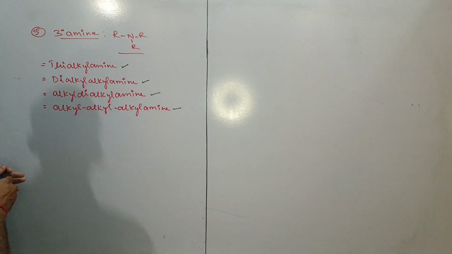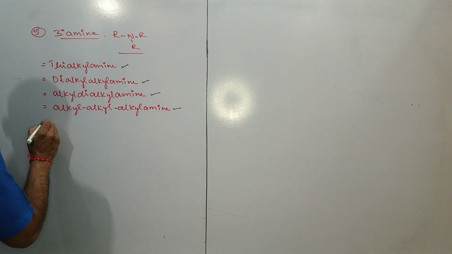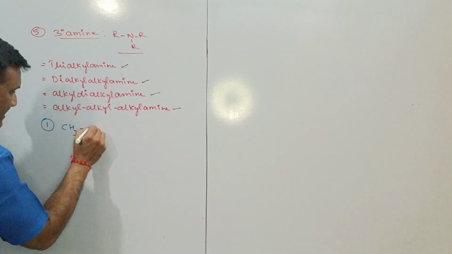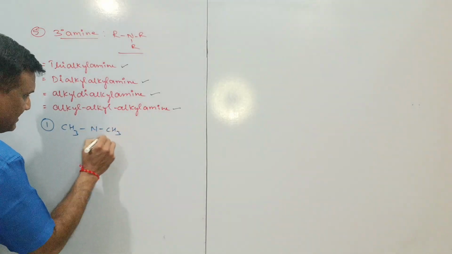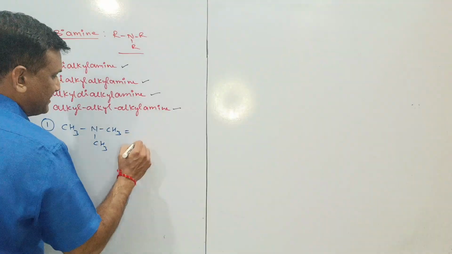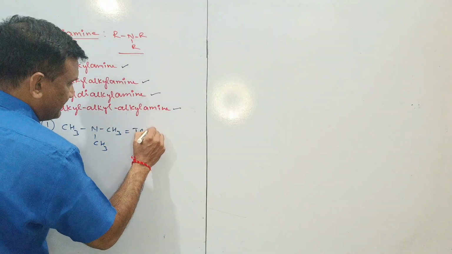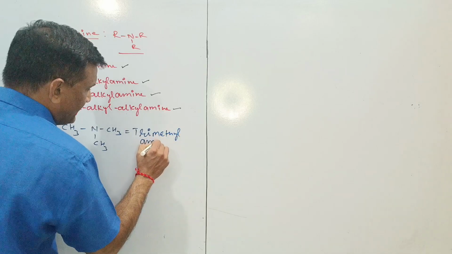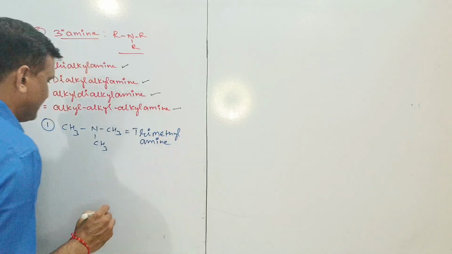First of all, I'll go with the example. I will take the first example as CH3, CH3, CH3. Both are the same and both are methyl. So you will call it trimethylamine. The name of the compound is trimethylamine.